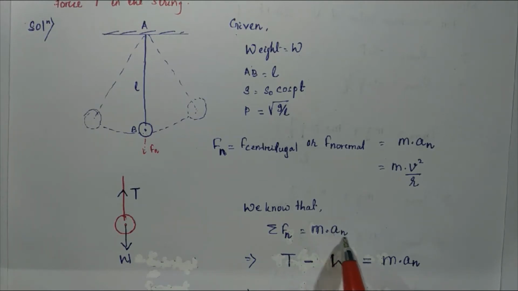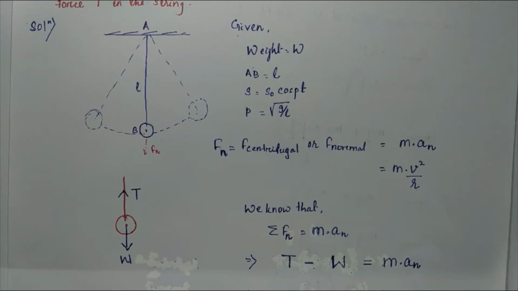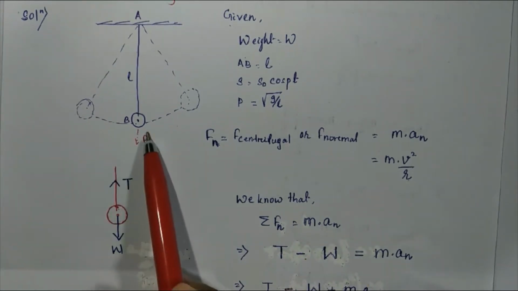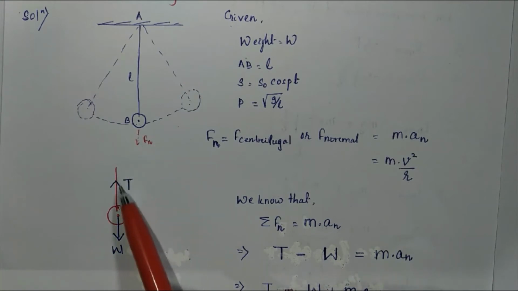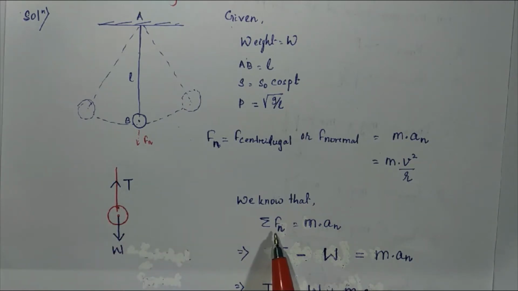In the previous lectures we have already explained the expression an is equal to v square by r, so we use that value here. This normal force is balanced by the tensile force.